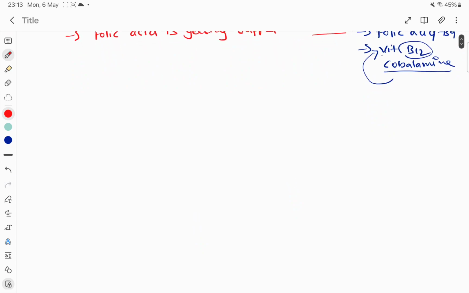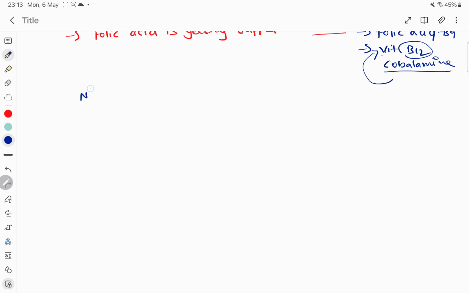So I'm going to write a reaction over here, and I'll explain while writing it. Folic acid in our blood is available in different forms, depending upon the carbon atom attached to it.